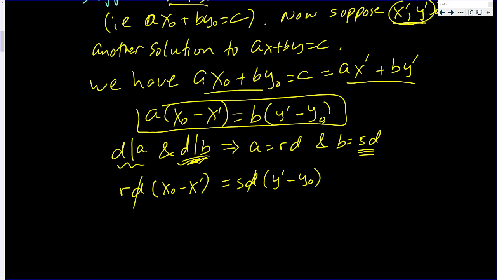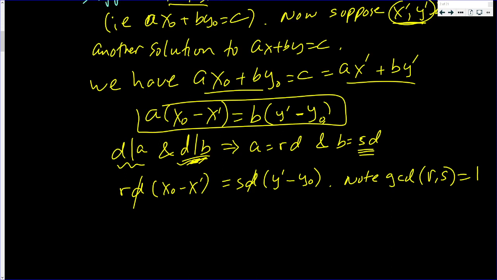Divide both sides by D. Now, note that the GCD of R and S is 1. We proved that. If the GCD of R and S are relatively prime.